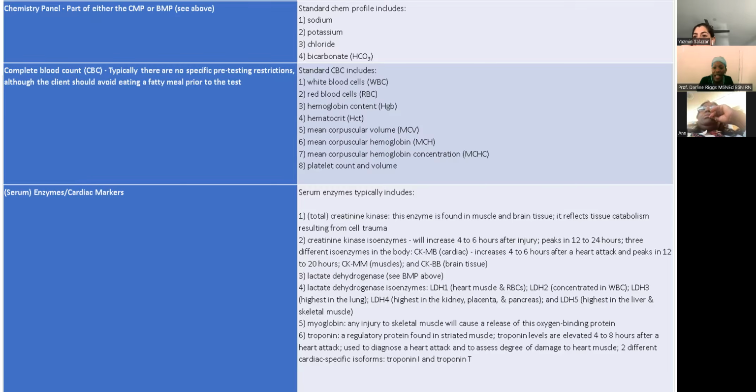So when we pull the CKMB, if the client has had any cardiac damage, we're going to see that it's going to be elevated. It elevates in about 4 to 6 hours after heart attacks. And it's at its peak between 12 and 20 hours. So we can tell when the heart attack started with the CKMB. And the greater it is, the more damage there has been.